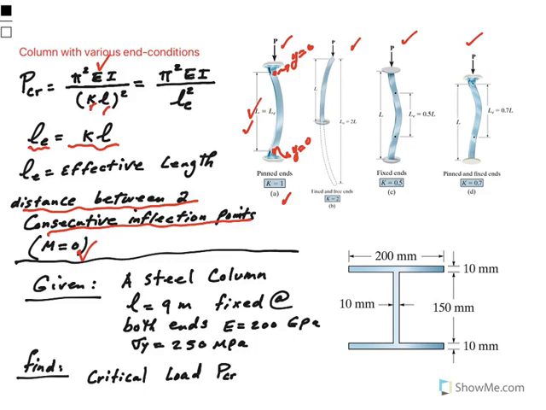Okay? So now what happens if one end is fixed and one end is free? Fixed free. In that case, K becomes 2, or the effective length is going to be equal to 2L. So you see, this is an inflection point here, and this is an inflection point right here. So that would be 2L.